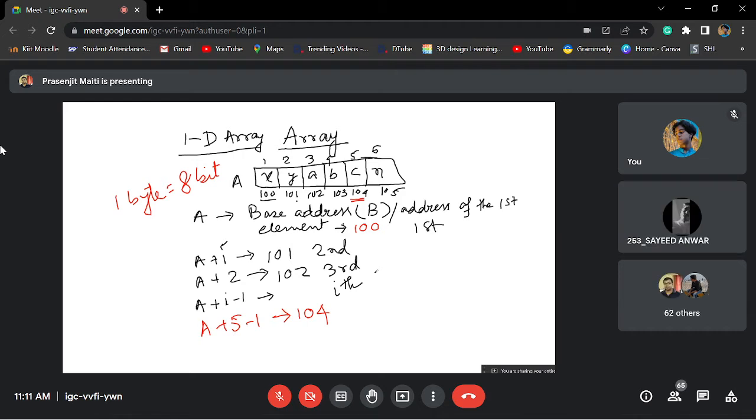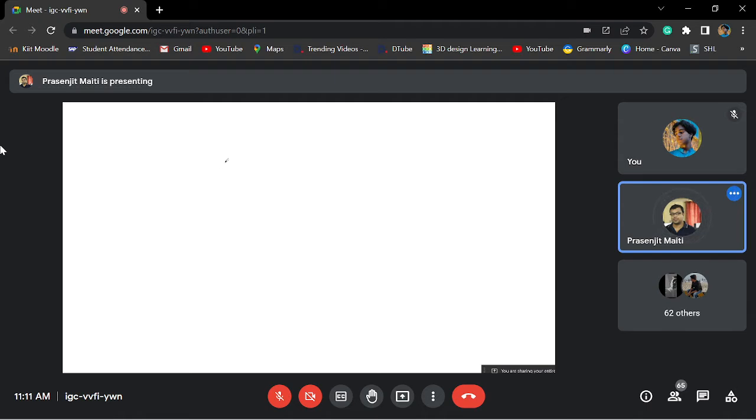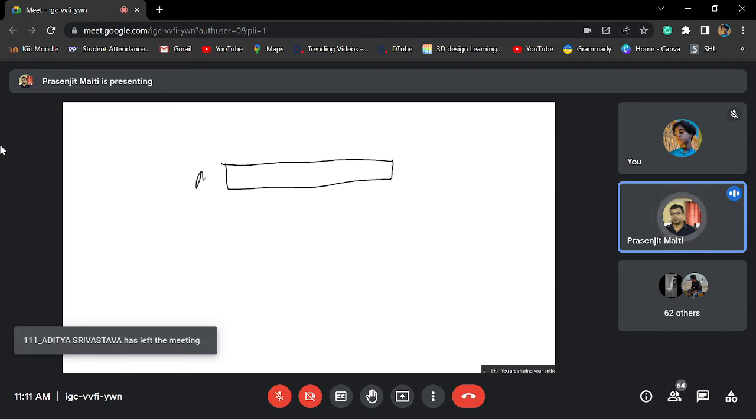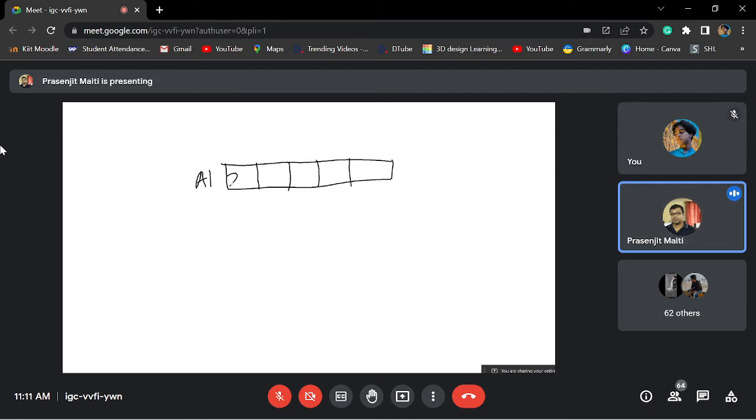Now, suppose we represent one integer type array. Suppose the integer type array name is A1. Here, 23, 38, 4, 9.